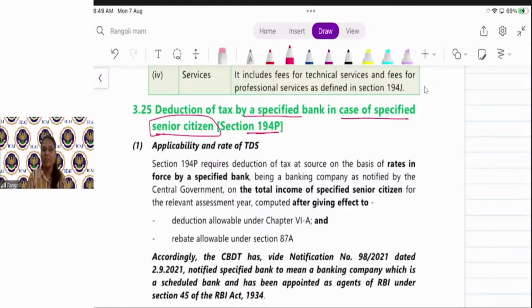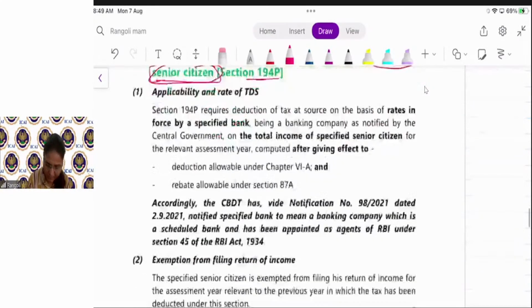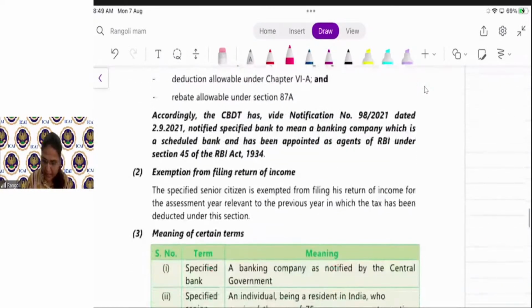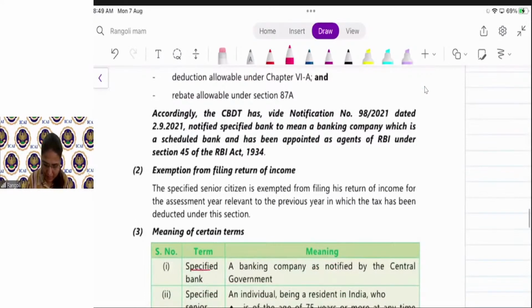But here, the word written is specified senior citizen. So now what is specified senior citizen? First, we'll discuss the definition of specified bank. A banking company notified by the central government is the specified bank.